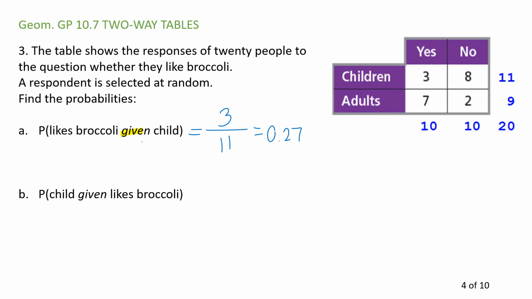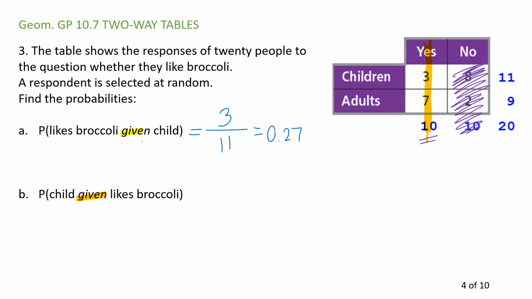All right, well, what's this other one? It says, find the probability of a child given that the person likes broccoli. These are not the same thing. In this case, I'm looking at only the people who said they like broccoli. I'm only looking at this column here. That means this other column doesn't exist. I'm only looking at these 10 people.